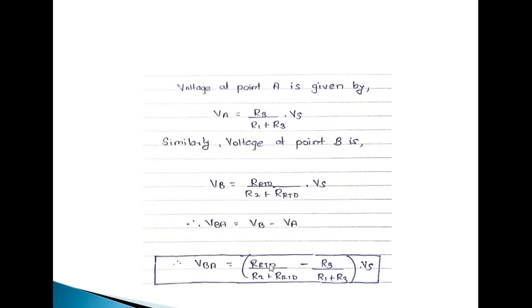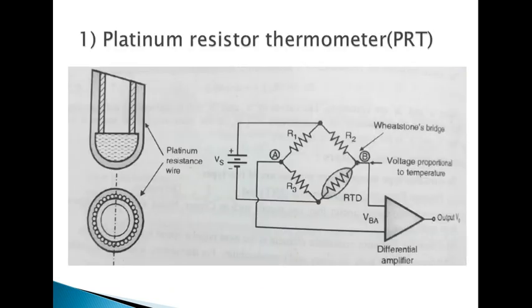RRTD. Why? Because the values of R3, R1 and R2 will not change, as these are fixed resistance values. The only value that changes with temperature is RRTD. This is a very important point: the resistances of R1, R2 and R3 stay constant even if the temperature changes, but this element is the sensing element and its resistance changes as the surrounding temperature changes.